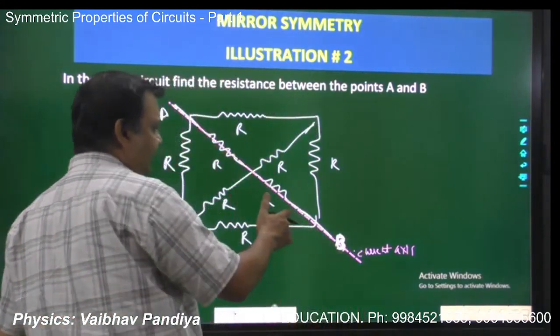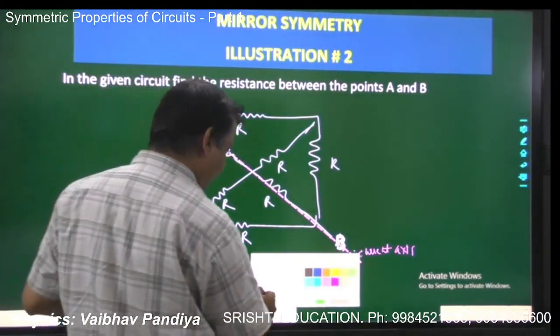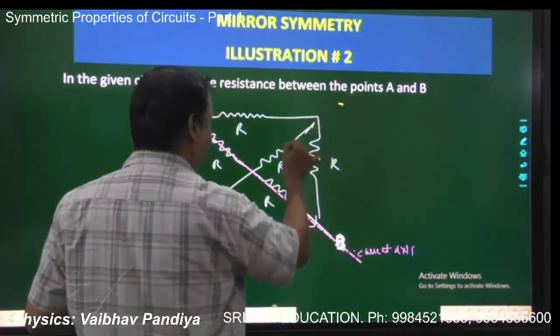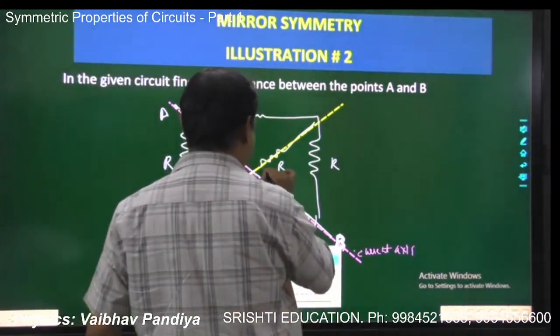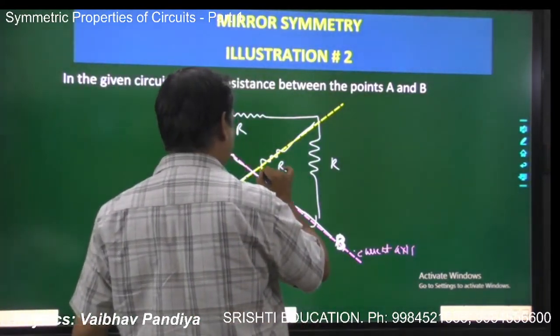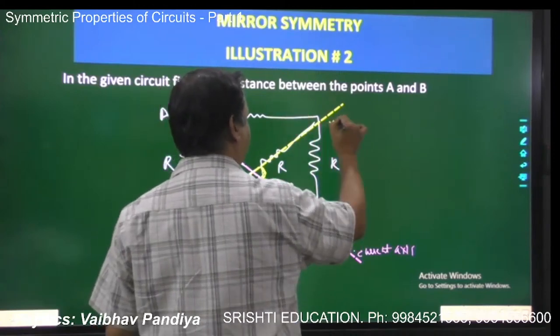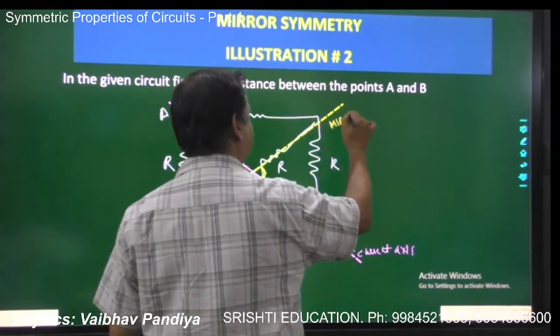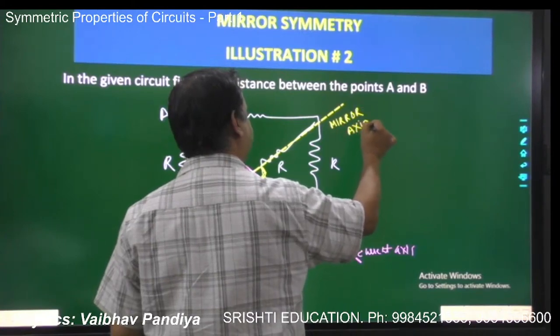And can you see any axis of symmetry perpendicular to the current axis? So of course you can see this is your axis of symmetry, which is dividing the circuit into mirror images. Since this is perpendicular to the current axis, this is the mirror axis of symmetry.